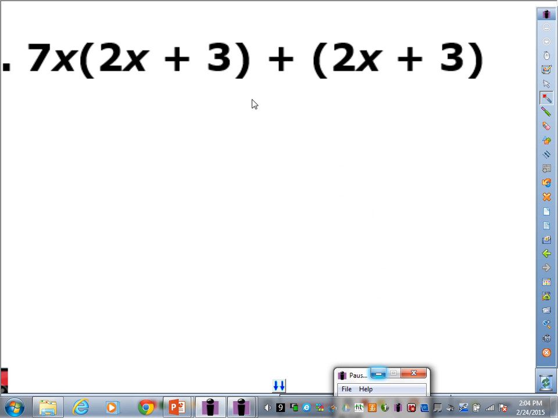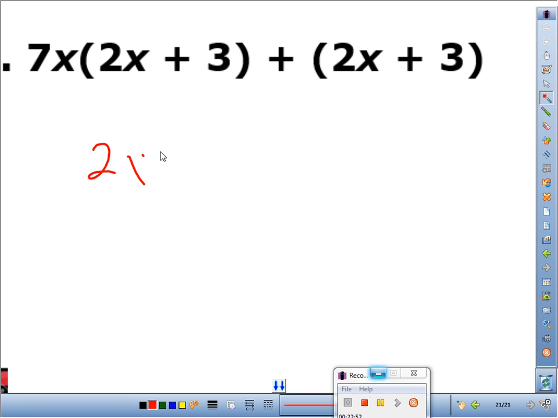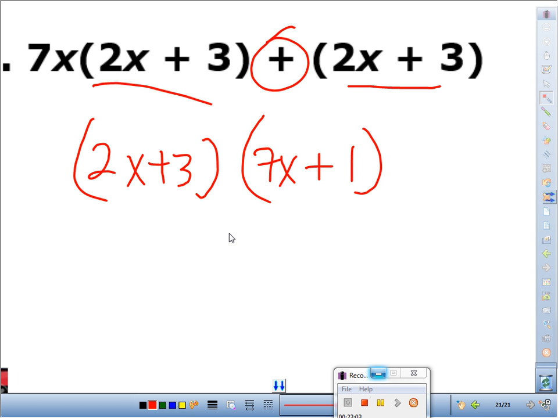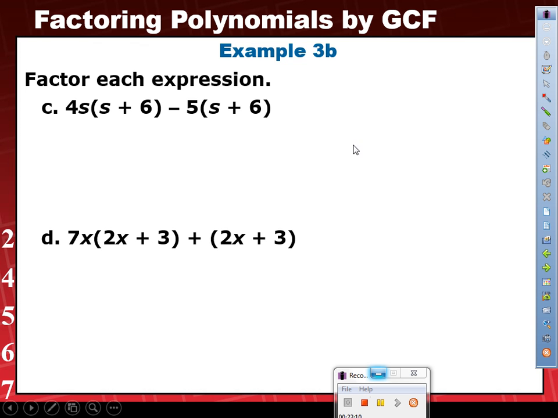Okay, so what's in common for this term and this term? 2x plus 3. What's left over for this term? 7x plus 1. Hands if you got that. Okay? Alright. Let's move on for some funner stuff.